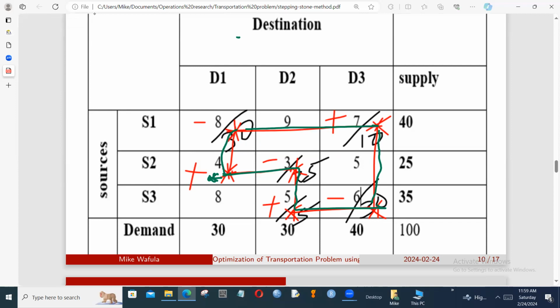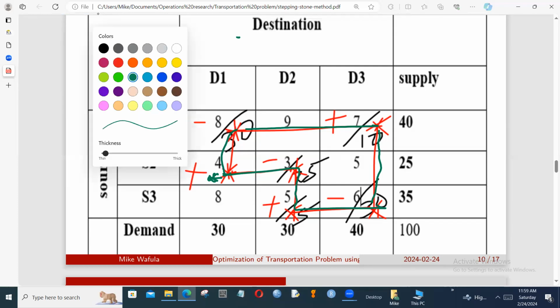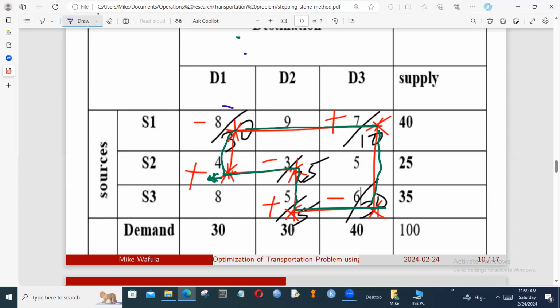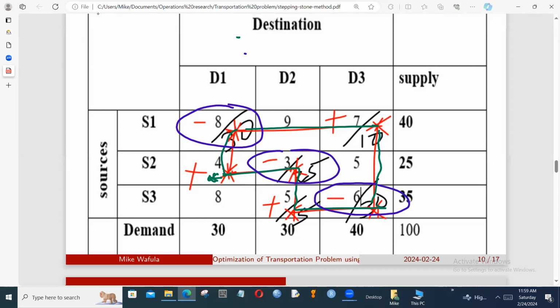And so what happens again, we check cells that have negative signs. The cells that had negative, this one, and this. So just like in MODI, those are the cells we are looking at. And then we pick the value that is actually smallest assigned to those cells with negative. So when you compare 30, 25, and 30, again, 25 is the smallest.